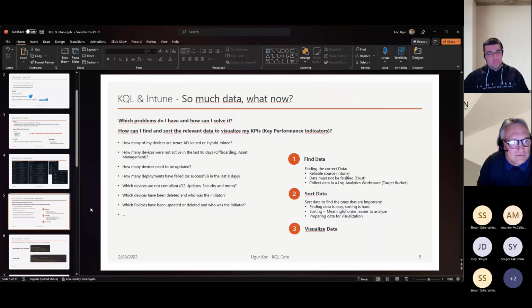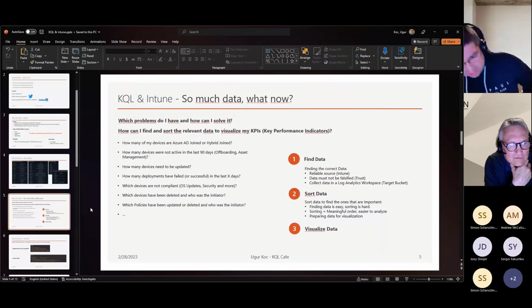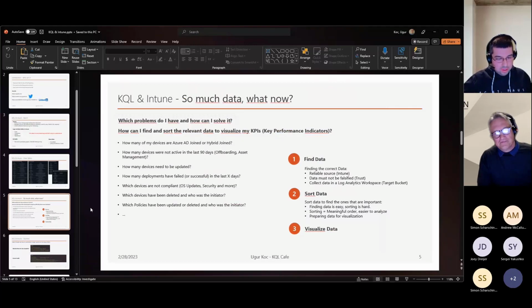One thing that's really not that popular, but as Alex also mentioned earlier, KQL is not only security related, but it could also be a very mighty instrument for people that manage devices in Intune, but also other services, which you will see later on when we talk about KQLSearch.com.